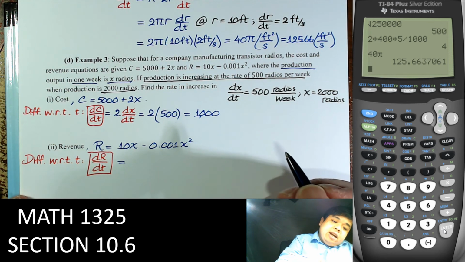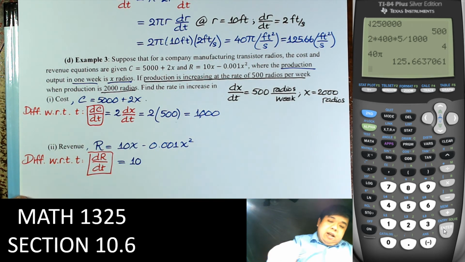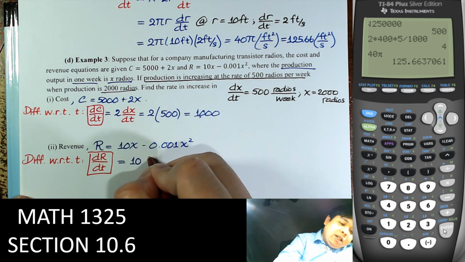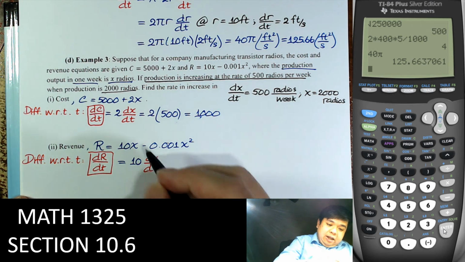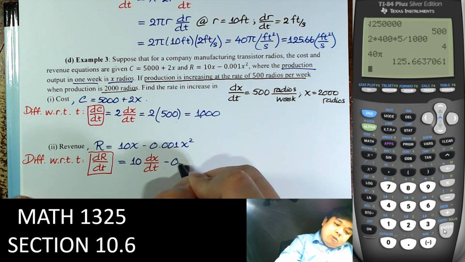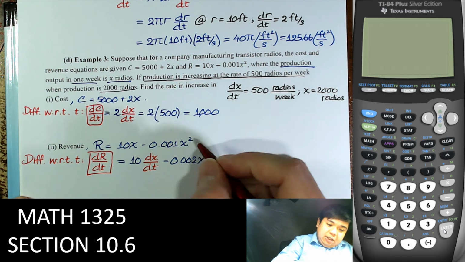And then derivative of 10x is 10, and then once again we need dx over dt, and then minus 2 times that, 0.002x dx over dt.